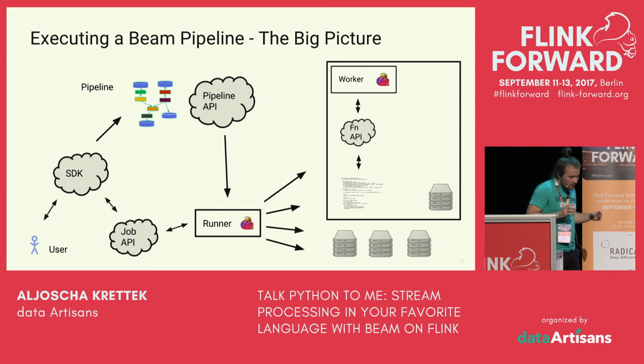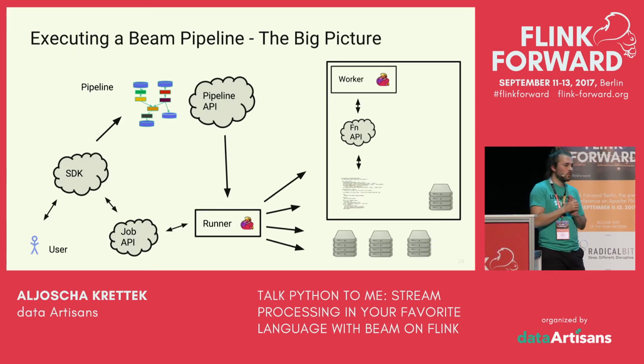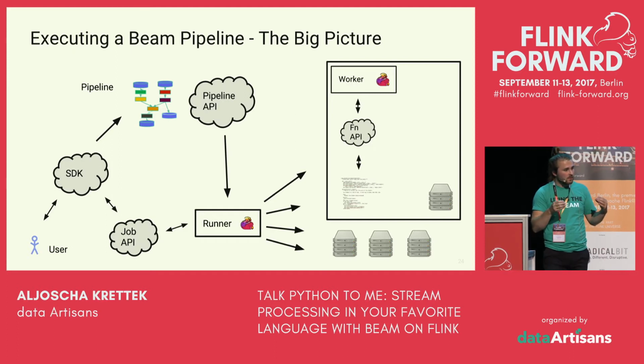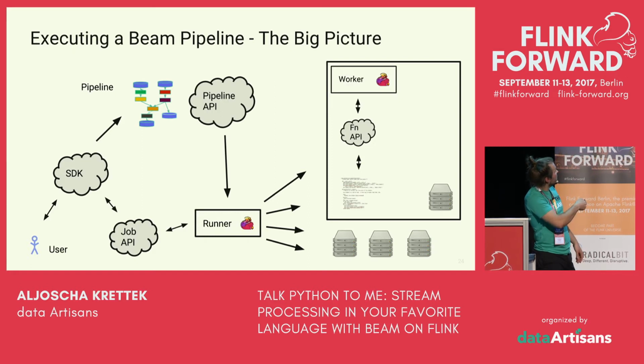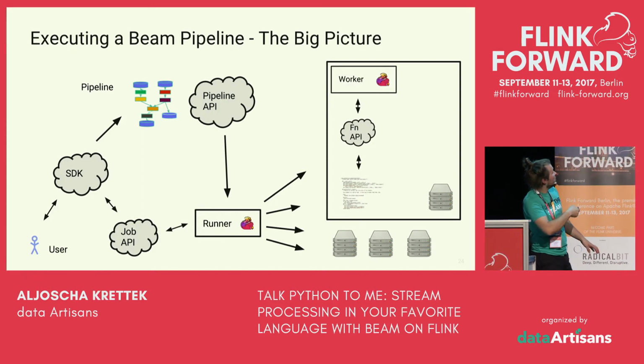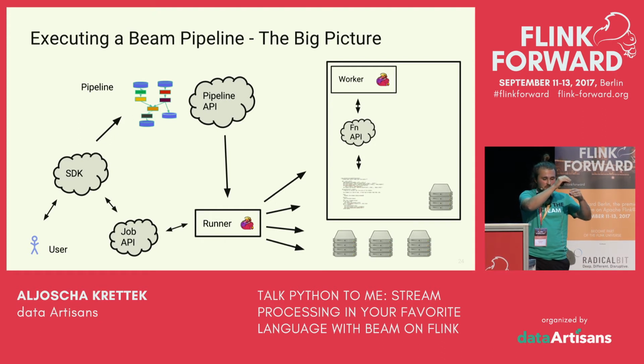This is the big picture of what happens when we want to execute a pipeline on some runner. In the lower left, we have a user, say, and they would write a pipeline using an SDK. All these clouds are APIs or SDKs in this figure. So they use an SDK, and the result of using that SDK is a pipeline where the user specified their transformations and their collections and their sources and their sinks and so on.